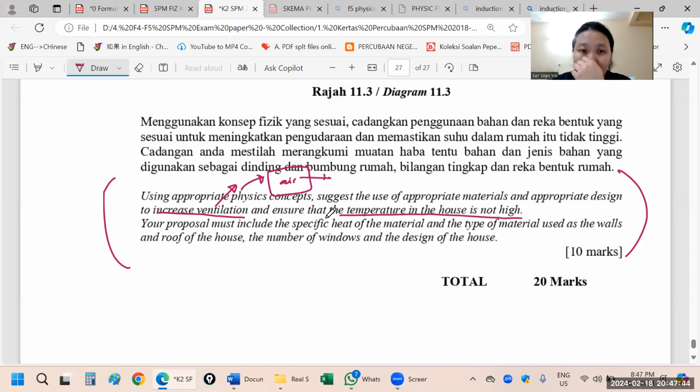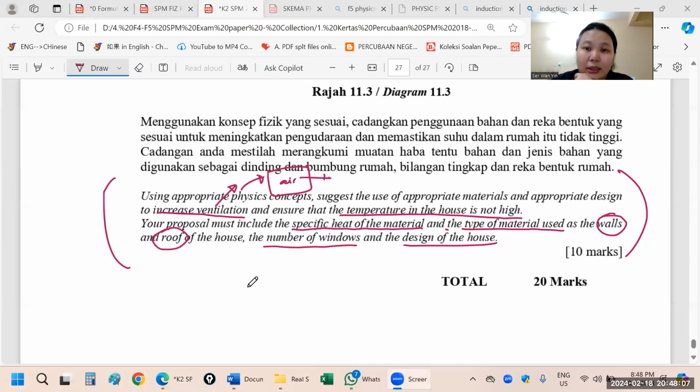The proposal must include the specific heat capacity of the material and the type of material used for the walls and roof of the house, the number of windows and the design of the house. Ventilation is correct. Here be very careful because they are asking about walls and roof.